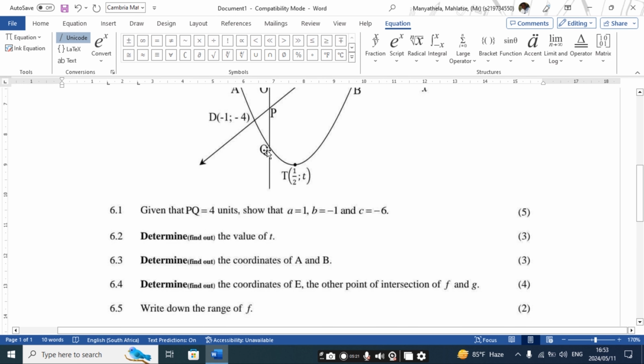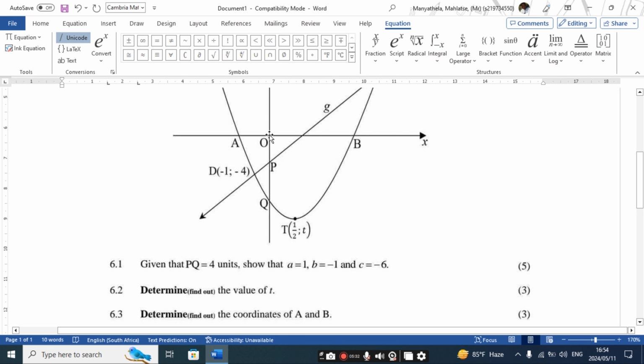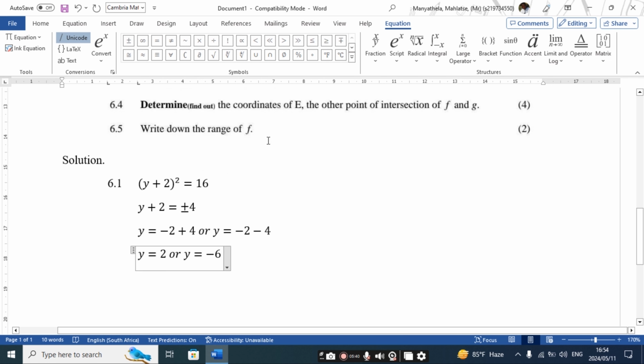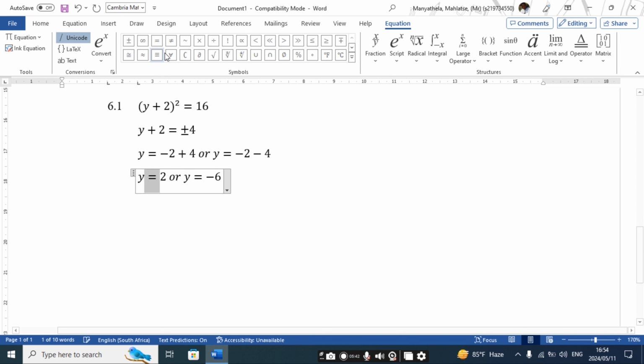Okay, let's look at the graph. We can see that at this graph, there is no way the y value can be a positive y, because it's below the x-axis. Any y coordinate below the x-axis is less than 0.